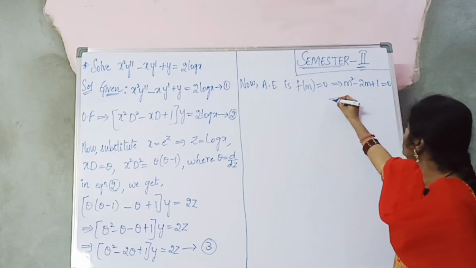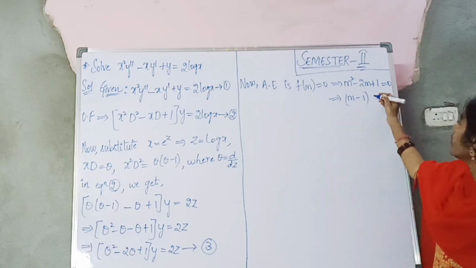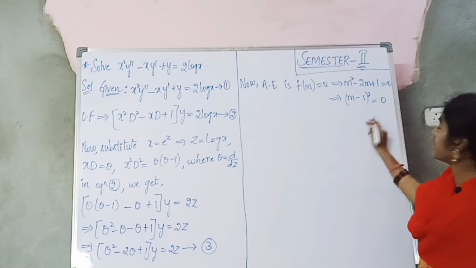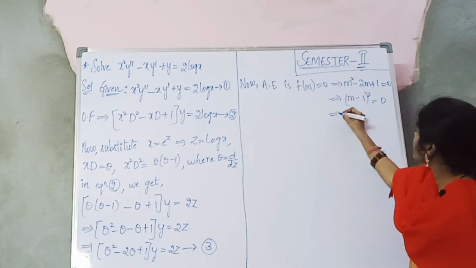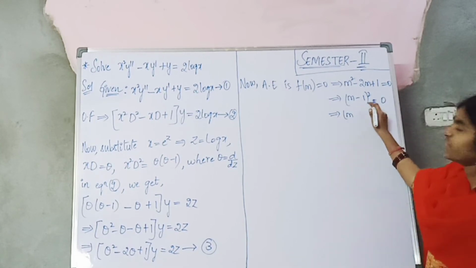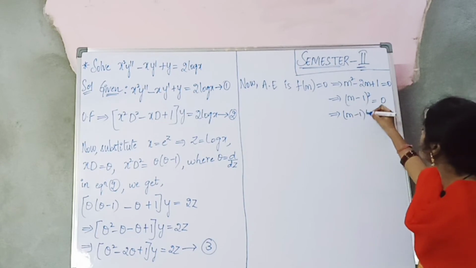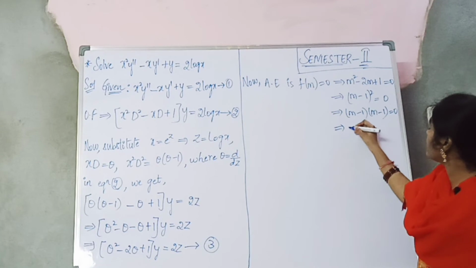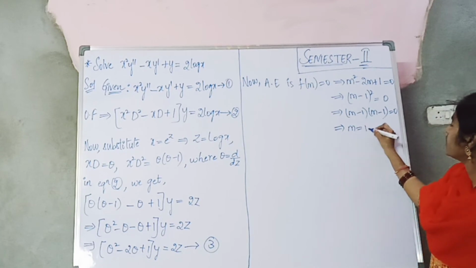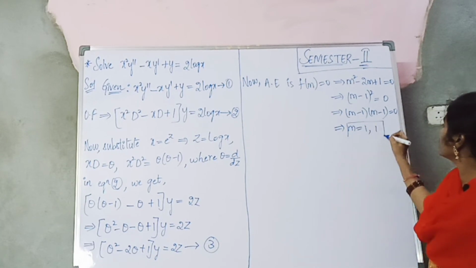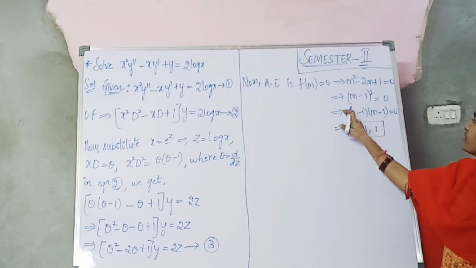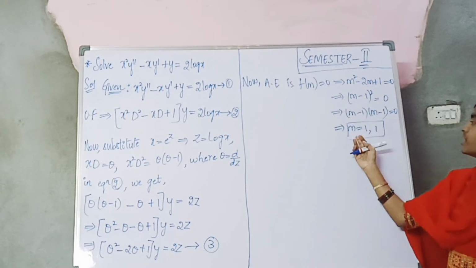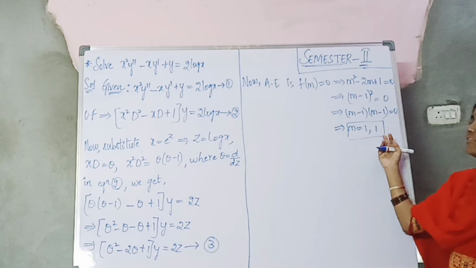This is in the form (m − 1)² = 0, which can be written as (m − 1)(m − 1) = 0. So that implies m = 1, 1. These are the roots of the equation.